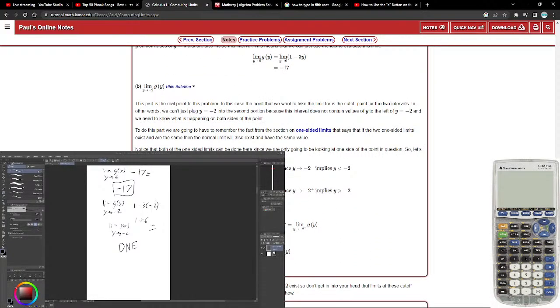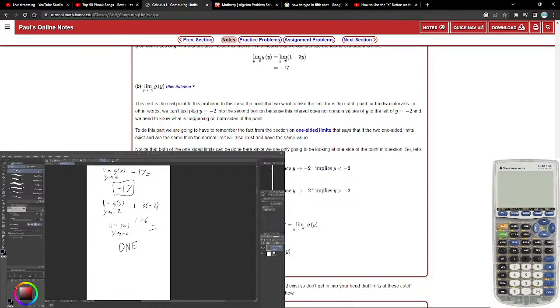This part is the real point to this problem. In this case, the point that we want to take the limit of is the cutoff point for the two intervals. In other words, we can't just plug y equals negative 2 in the second portion because this interval does not contain values of y to the left of y equals negative 2. And we need to know what is happening on both sides of the point.